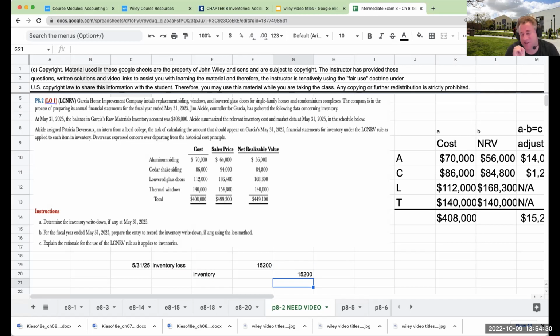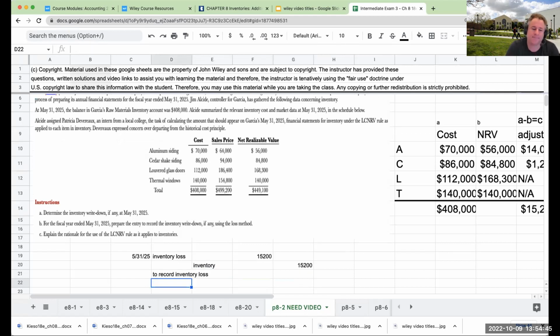And when I talk about materiality, it's really materiality with regards to cost of goods sold. So if it's a significant amount, again, this is to record inventory loss.